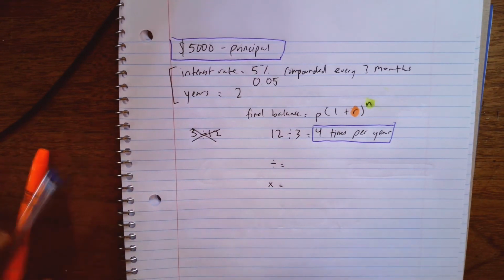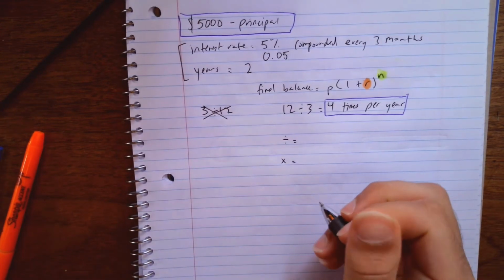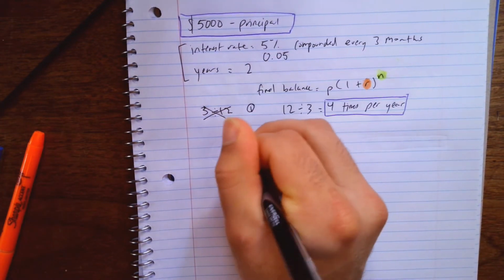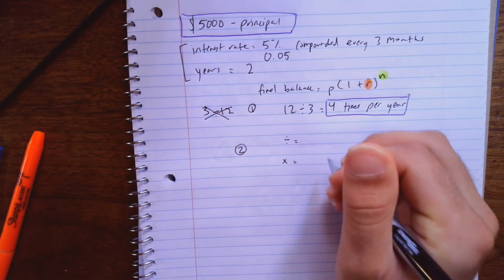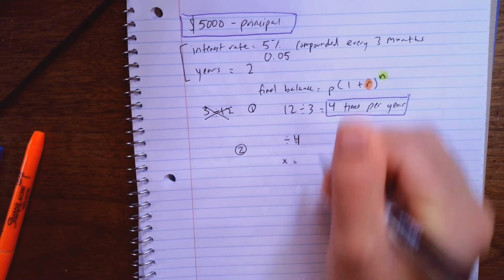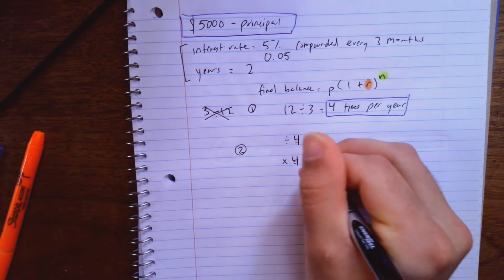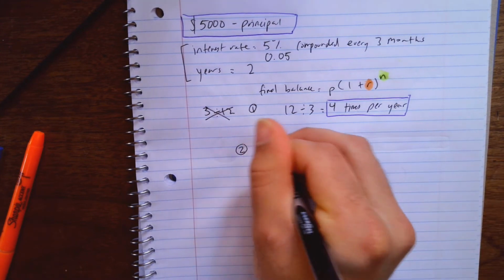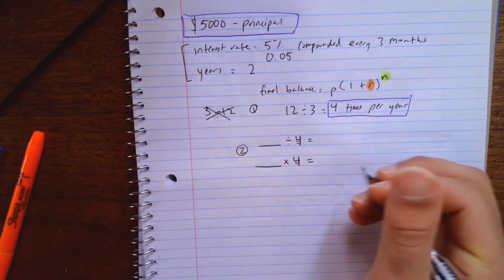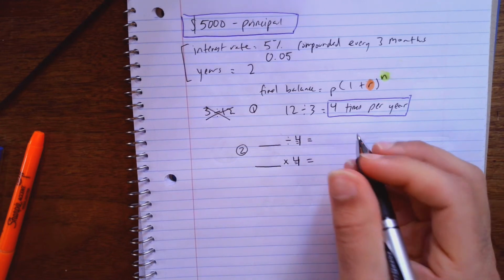Now we write what? What's our second step? So we're going to write 4 next to our divide and 4 next to our multiply. Okay.